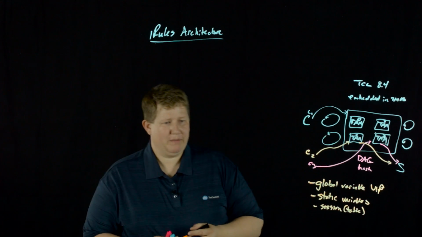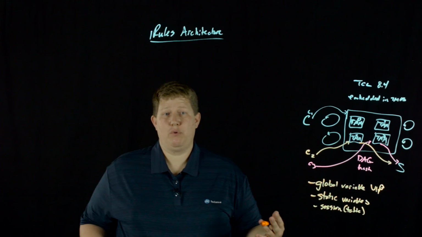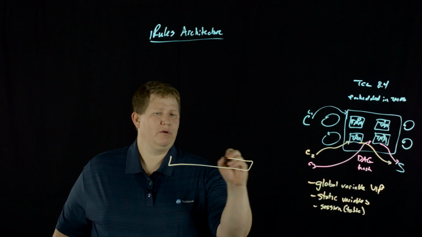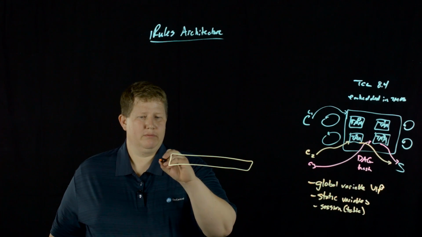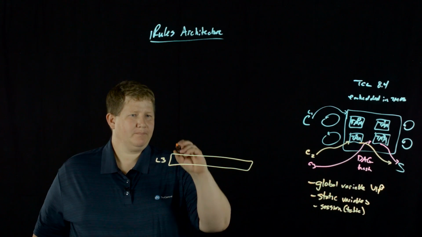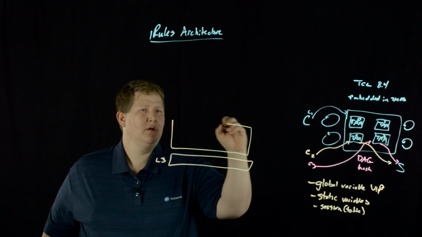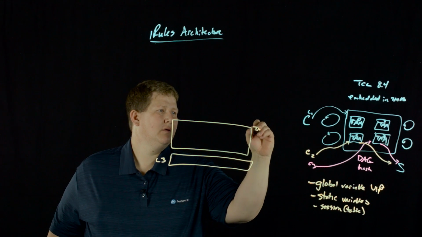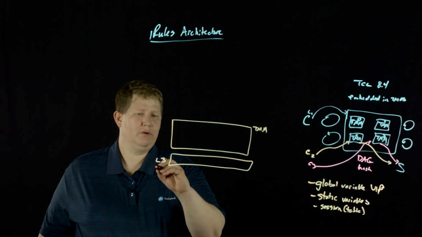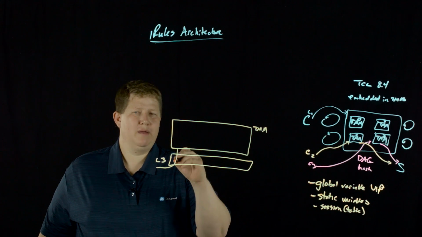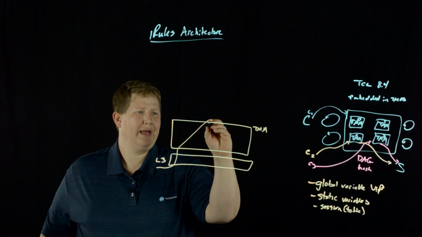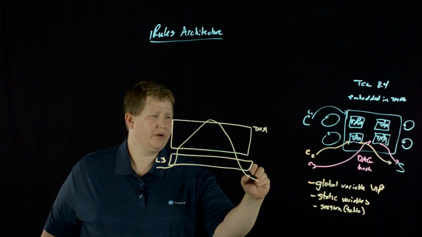But then I also want to talk about profiles and how important those are. You have your layer 3 stuff sitting down here, then you have TMM here, and you hand a connection up. Maybe you've seen this diagram before, but you're going to climb the ladder, hit the proxy, and then go back out.